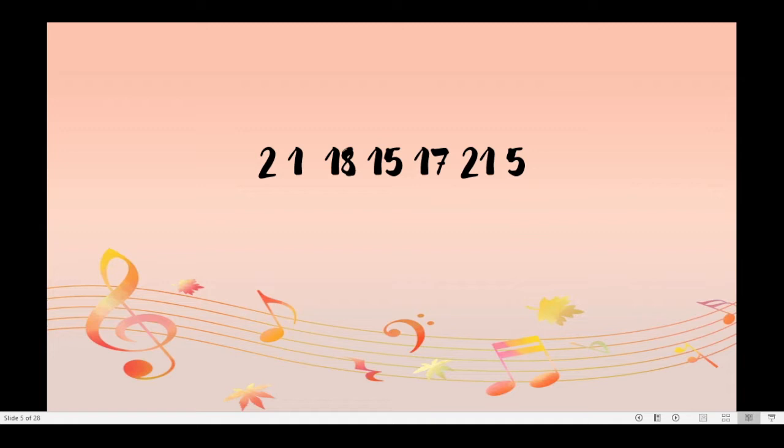Okay, now let's have the answer. 2 is B, 1 is A, 18 is R, okay, and then O is 15, 17 is Q, okay, 21 is U, and we have 5, which is E.